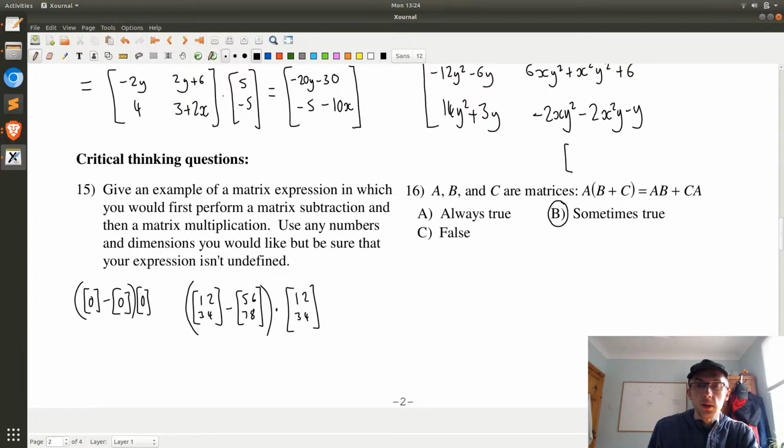Let's just say a 2 by 2 matrix whose entries are all 0. And let's say that A, B, and C are all the 0 matrix, because it didn't say that A, B, and C have to be different. Then this would be valid. So in other words, it's sometimes true. And I think that completes the lot.